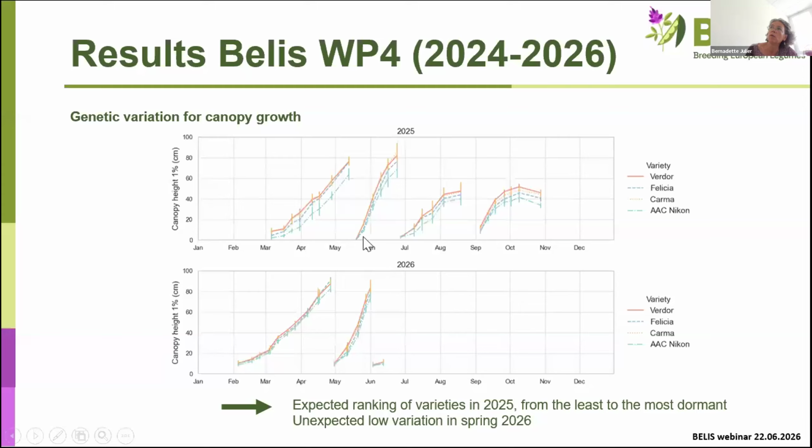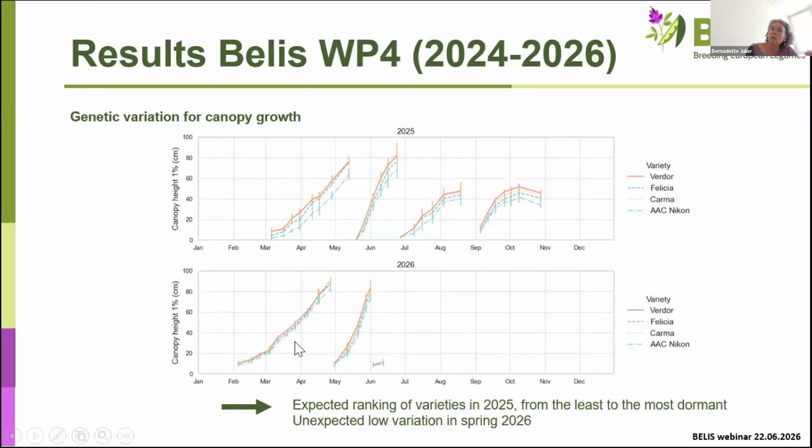The two other varieties are in between. Karma is not very dormant, and Felicia is a Flemish type, moderately dormant. And they are completely well ranked in autumn. So autumn regrowth is just an indication of autumn dormancy onset, and so it's very striking to see the very good ranking of these varieties with these drone flights.